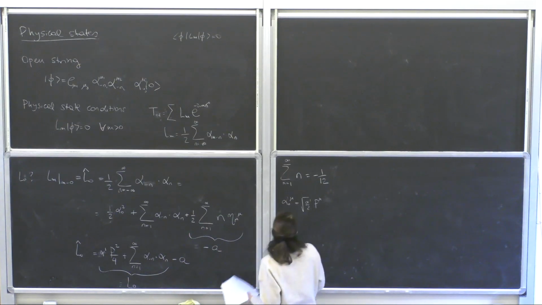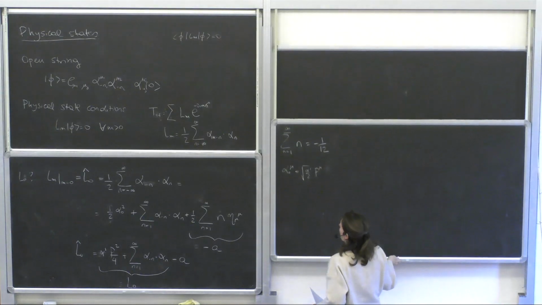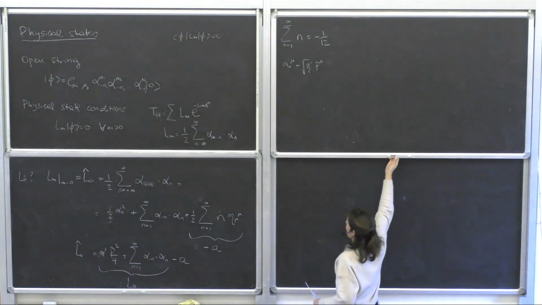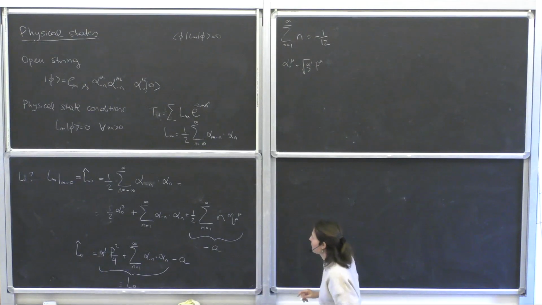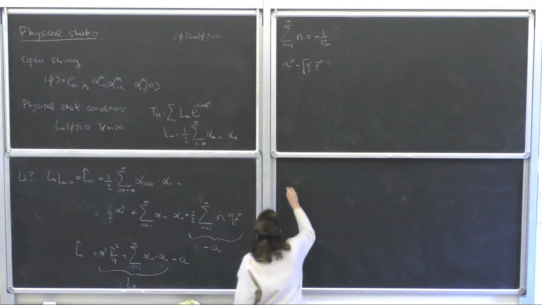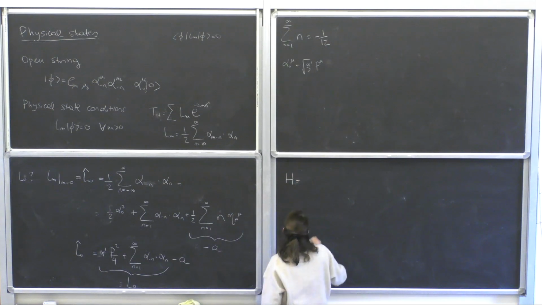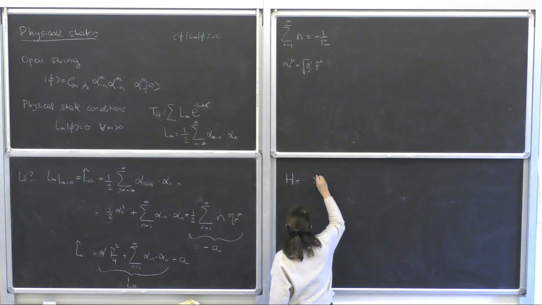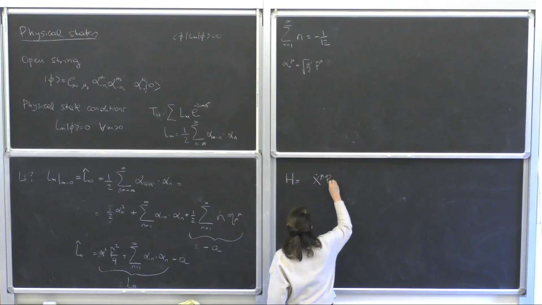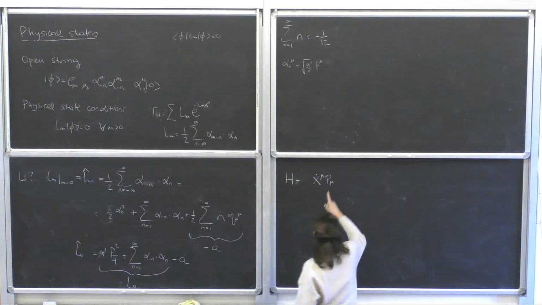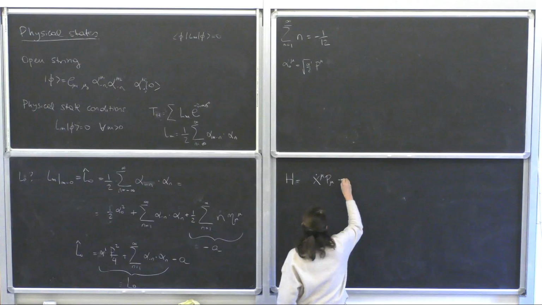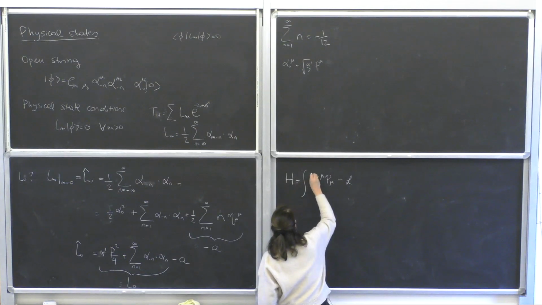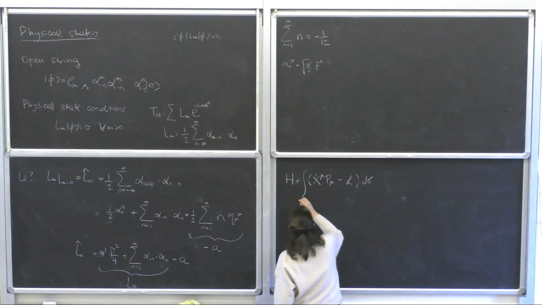So the physical state conditions. One more thing is that it's not hard to see that L0, if you do the Hamiltonian, which is x dot mu p mu, where this big p mu is the one I defined yesterday, the derivative of the Lagrangian with respect to x dot mu, minus the Lagrangian, and you have to integrate over sigma.